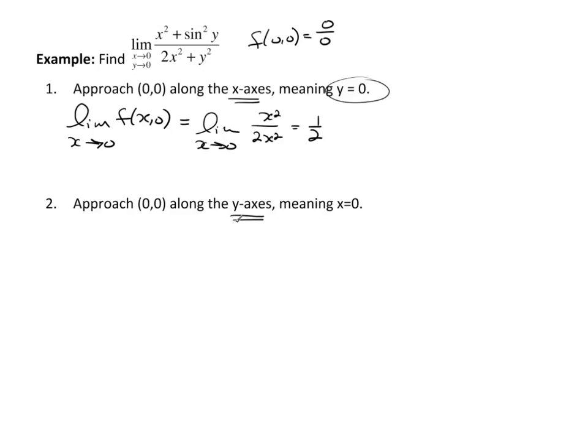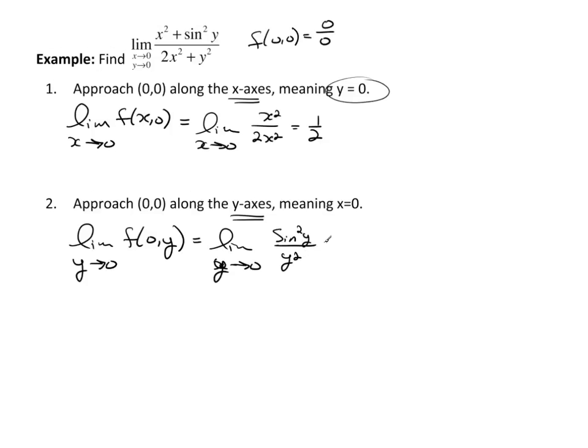So what happens now if I consider what happens along the y-axis? So what I want is the limit as y goes to 0 of f of 0, y, which equals the limit as y goes to 0. Well, if x is 0, I end up with sine squared of y over y squared.